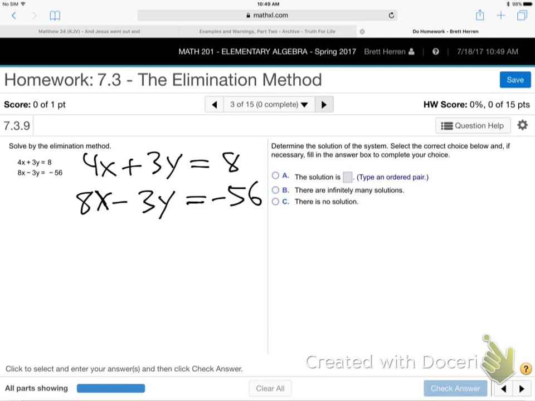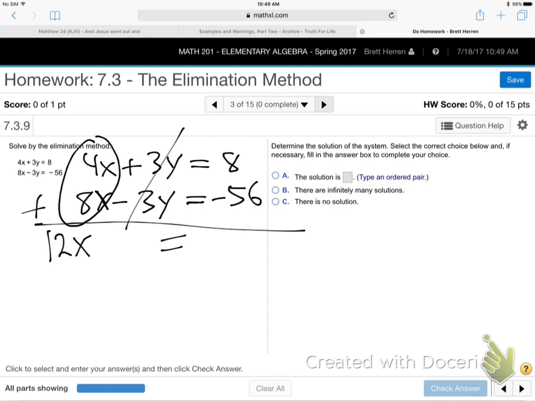So the y's should eliminate again. So add them up. 8x and 4x, 12x. Y's eliminate.